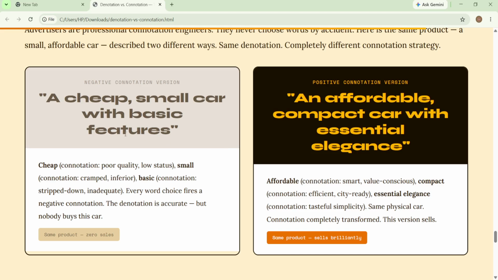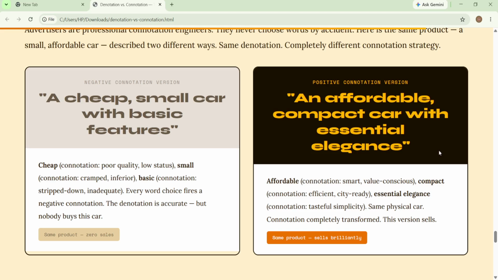Well, that doesn't even sound appealing. Cheap connotes poor quality, low status. Small represents cramped, inferior. Basic represents stripped down, inadequate. So every word choice fires a negative connotation. The denotation is accurate, but nobody buys this car. Same product, zero sales.